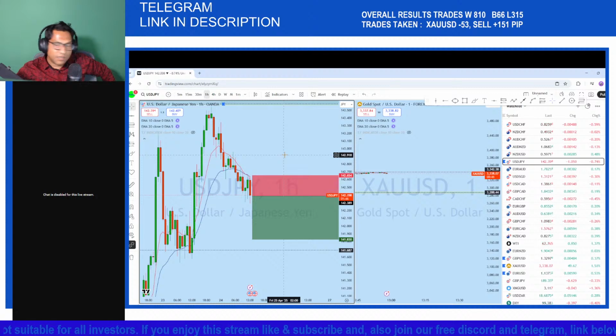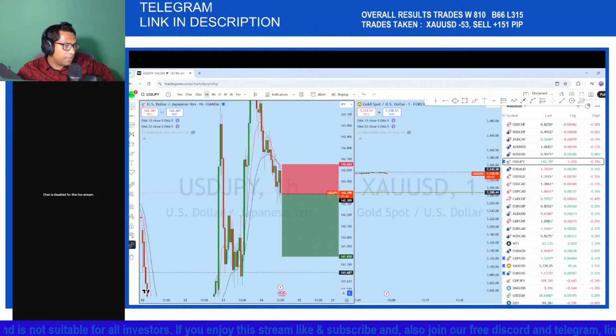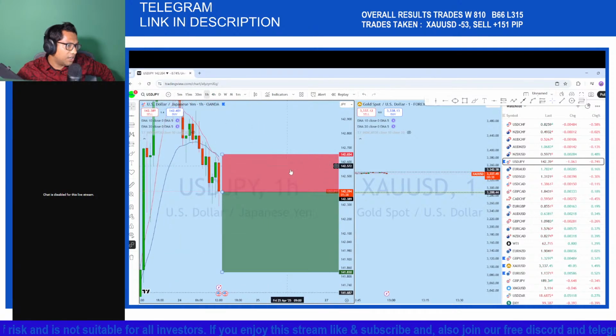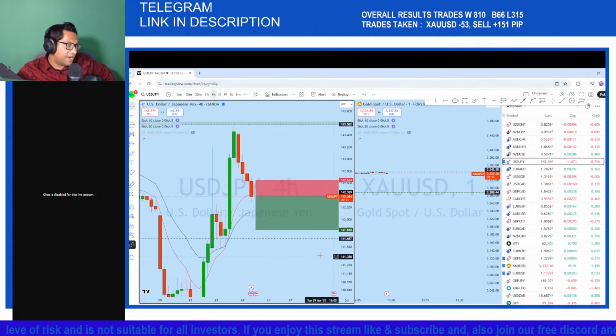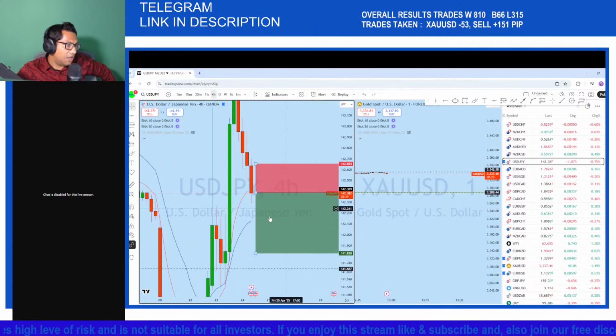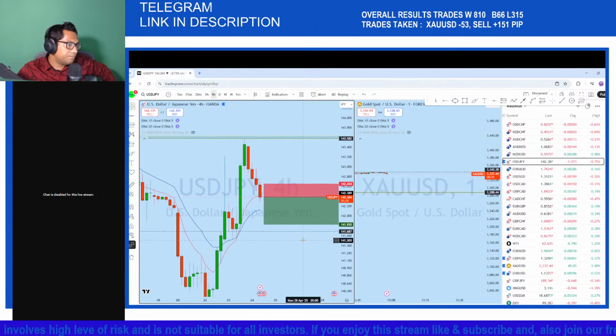So looking at the 30 minutes here, we can see that the market is having that downtrend, and I would like to see the price possibly drop back down here to where there is high liquidity, and you can see there is also the 4-hour 20 EMA.